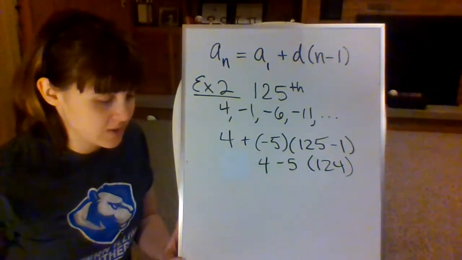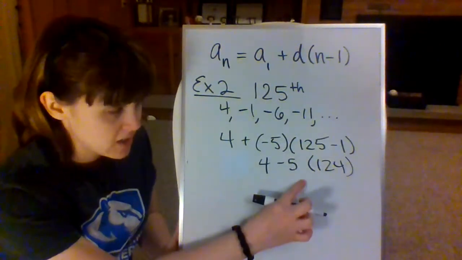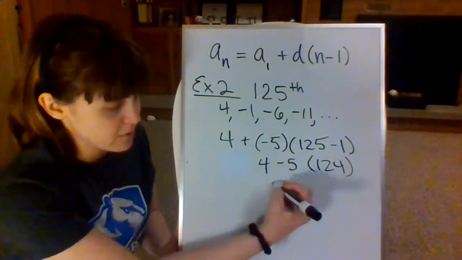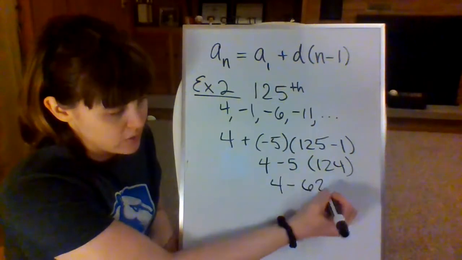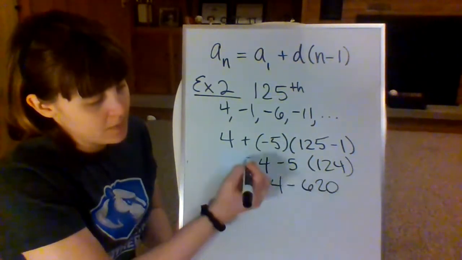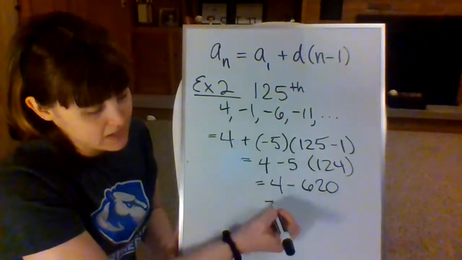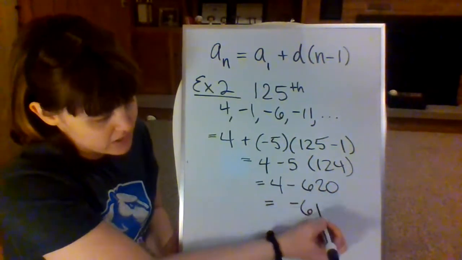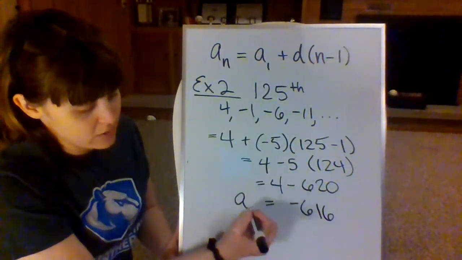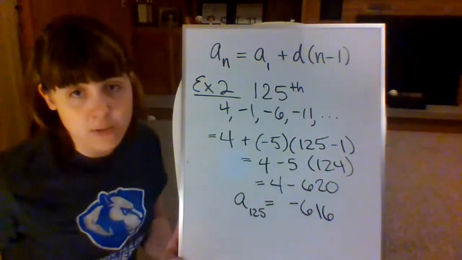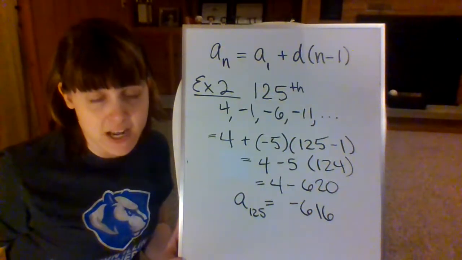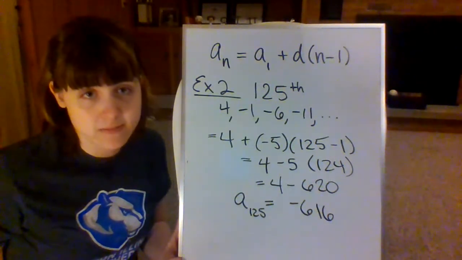When you multiply, this is going to be -620, so 4 minus 620. And that's going to equal -616. So the 125th term is -616.